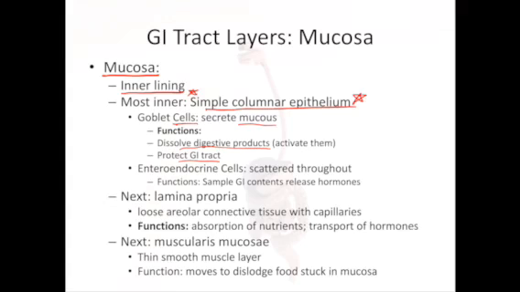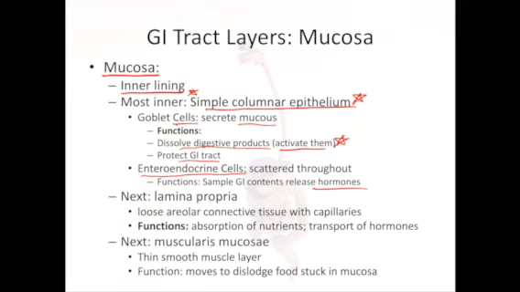By dissolving digestive products, that means activating enzymes, turning them from inactive proteins into active enzymes. And then we also have our enteroendocrine cells in this mucosa layer. These are really single cells that release hormones. We're going to talk about what a lot of those hormones do later.